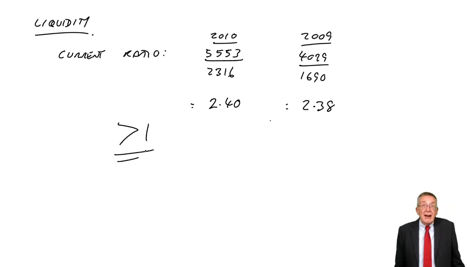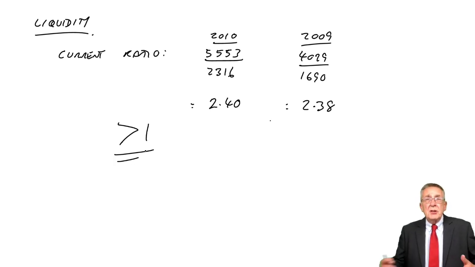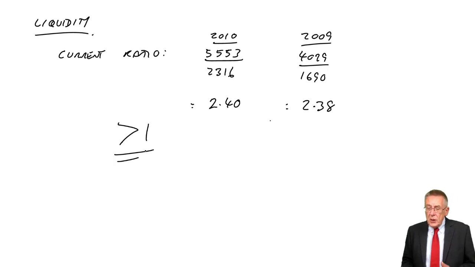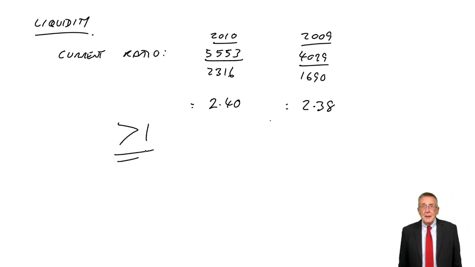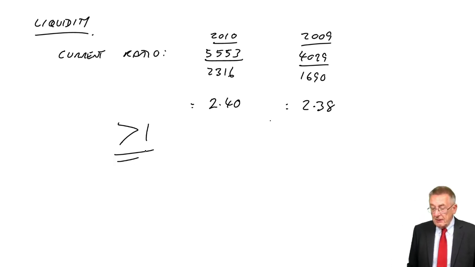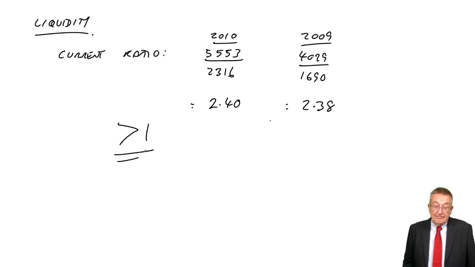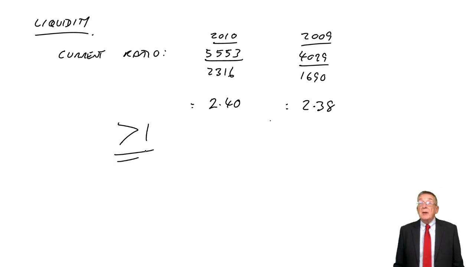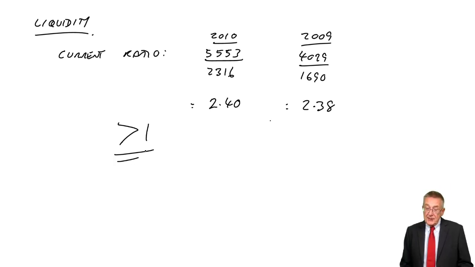Or it could be that they've got very high levels of receivables because they're giving customers too long to pay. However, there's no sort of upper limit. It depends on the type of business. And so here we can't say whether 2.40 is particularly good. It's certainly not bad. We'd need to compare with similar businesses.